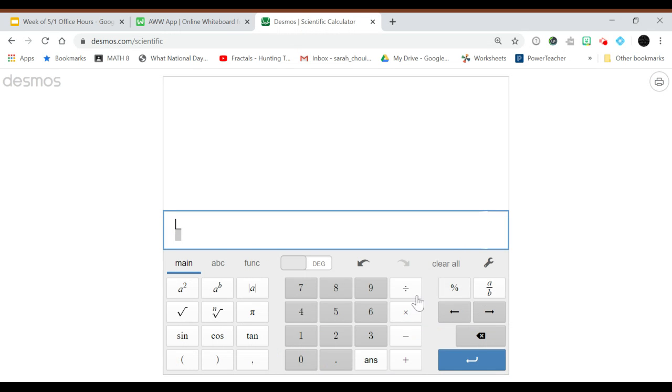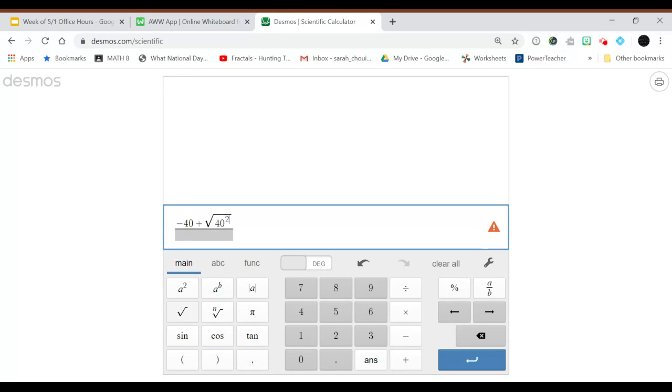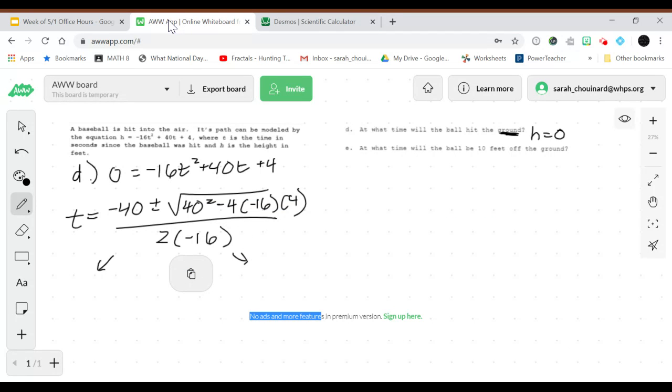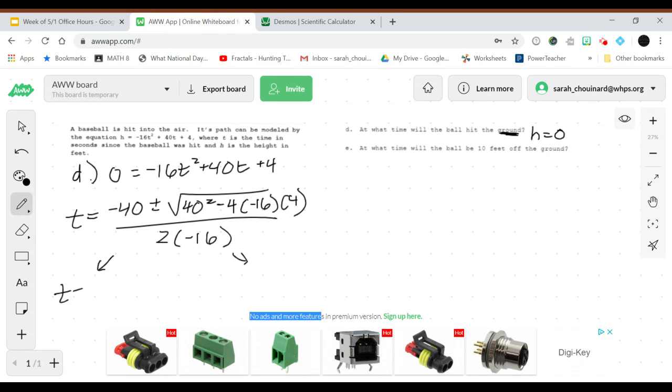So negative 40 plus the square root of 40 squared minus 4 times a times c over 2a. So the first answer I'm getting, if I round to the nearest hundredth, is negative 0.10. That doesn't make sense. We can't have negative time.